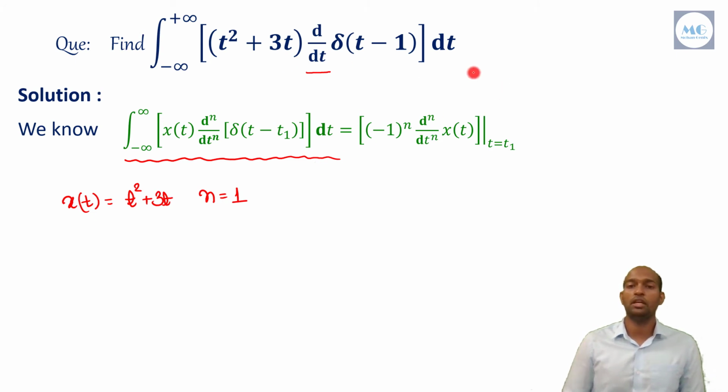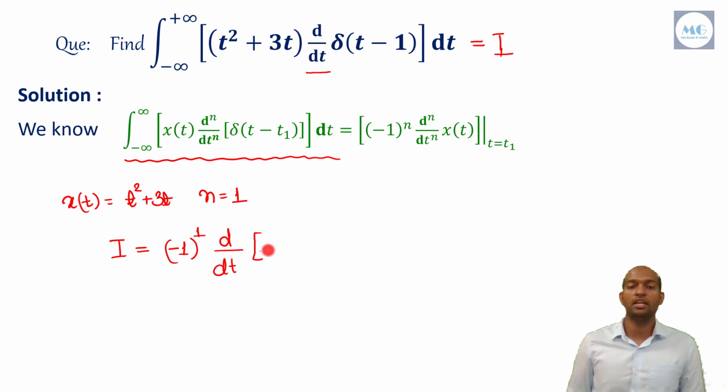Suppose the integration in our question is I. Then I will be equal to the right hand side of the formula, which is minus 1 to the power n, and n is 1, so I am writing 1 here. Then d by dt to the power 1, which I am not writing as it is 1, of x(t).